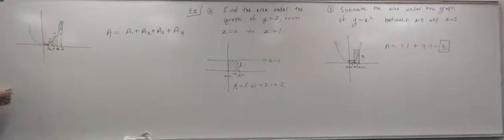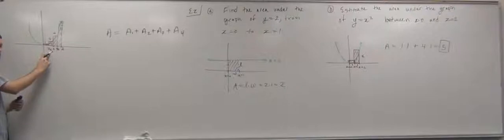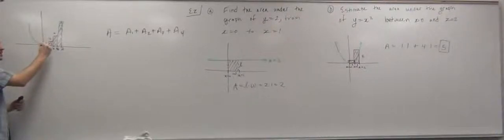Now we actually have to calculate these heights here. What's the height of the first rectangle? It's 1/4. If we do 1/2 squared, we get the height of this rectangle, because that's where it intersects the graph.